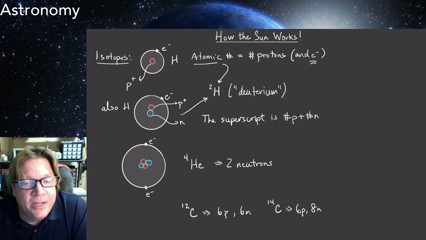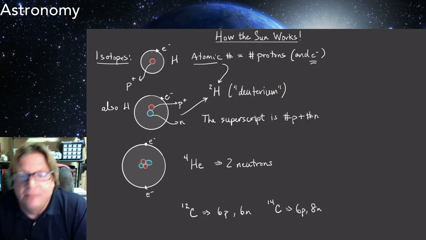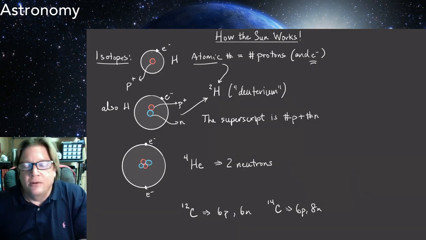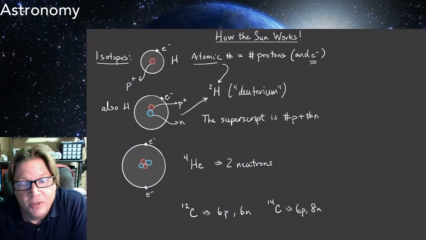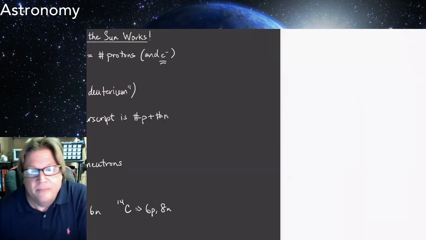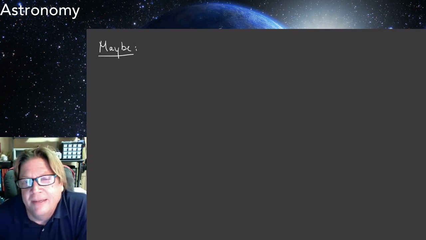So I wanted to get that out of the way in case maybe you haven't seen it in a long time. But it'll be kind of essential to what we talk about now, which is how the sun works. So, how does the sun work? They cover this in the book.